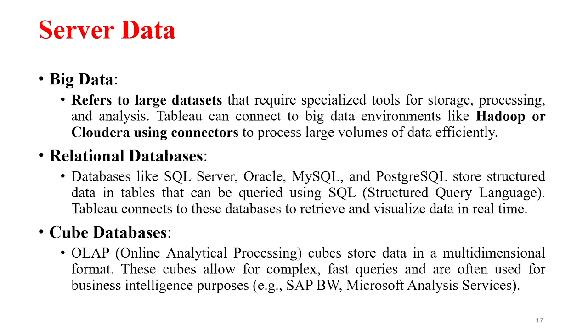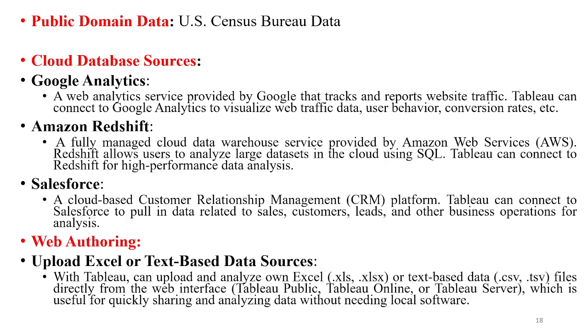Server data, so big data refers to large data sets. Relational databases, as we have seen, SQL, MySQL, Oracle. Cube data means here is OLAP, in which we have dimensions like date, time, or locations. Then public domain data, such as US census data.